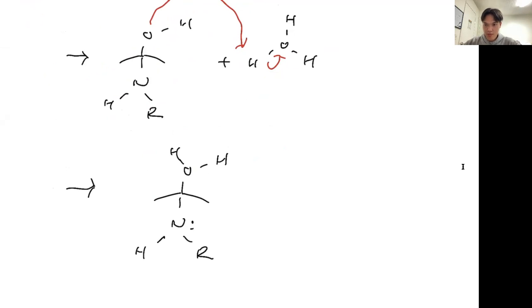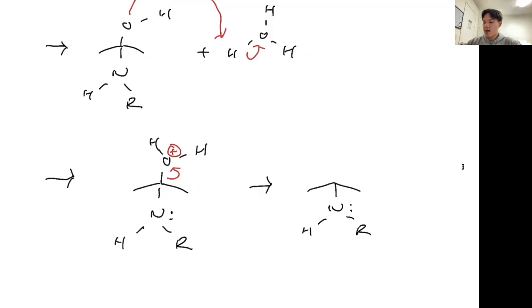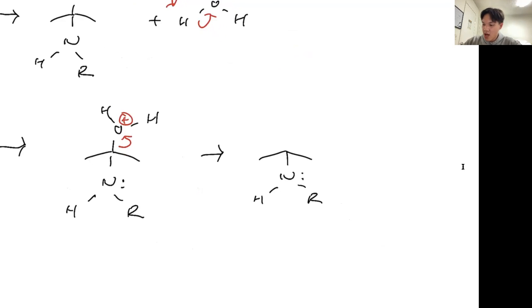And then this leaving group will leave because it's a positive. We have NHR, something like that. Carbocation right here. And then now, this is the important part.